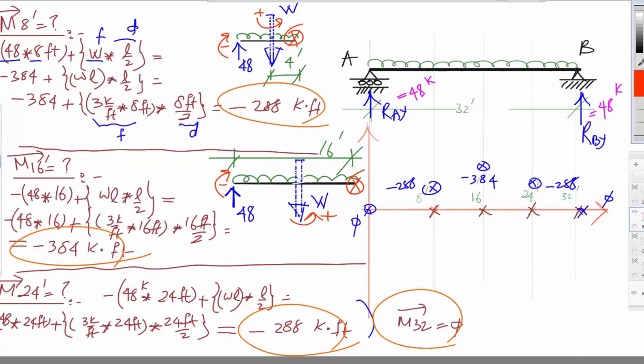So now, how to join these points? Back to the same concept that we talked about. If you look at all these equations, you will see here this is constant, this is x, this is constant, and this is x.